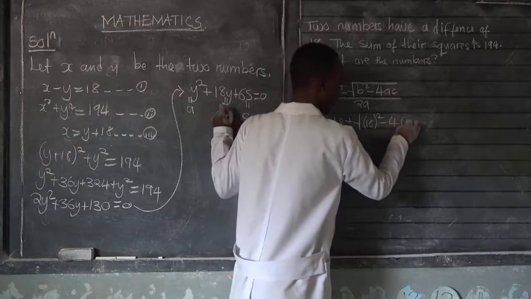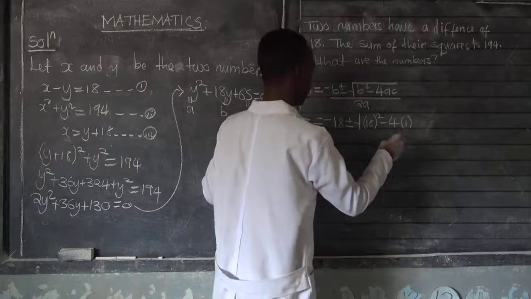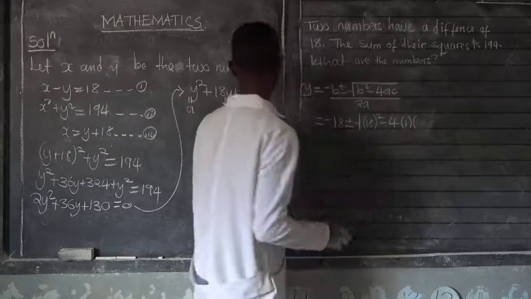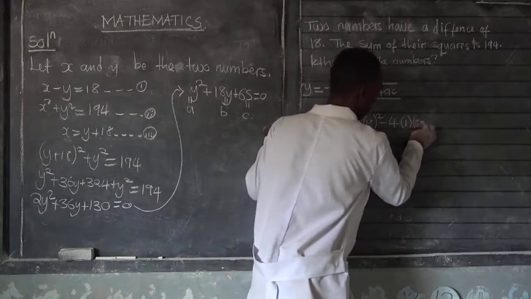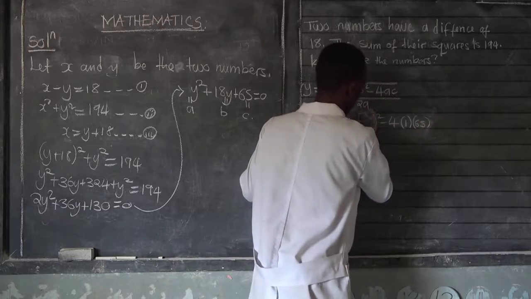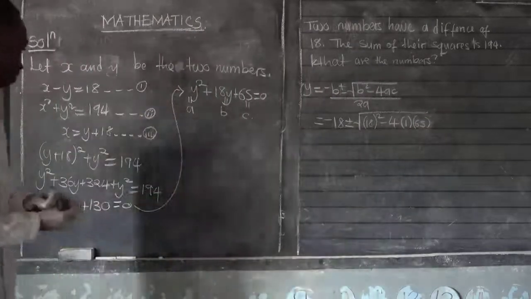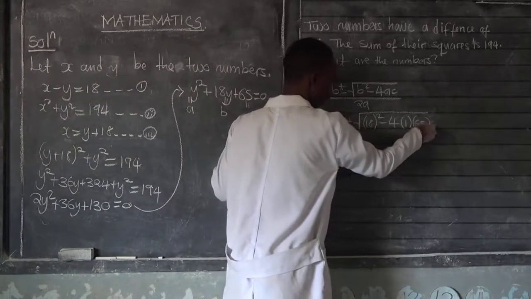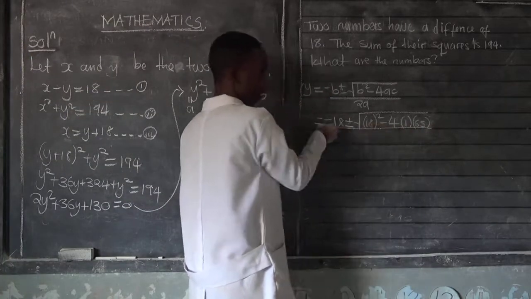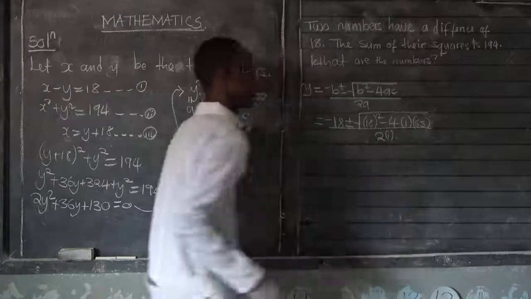Our a is 1 in this case, and our c is 65. Then we divide everything by 2a, which is just 2.